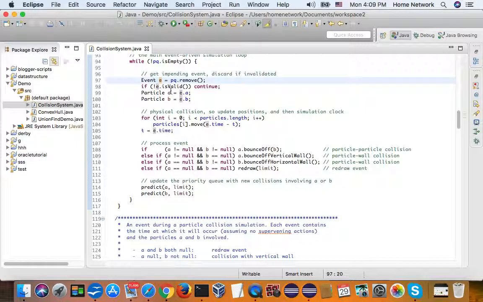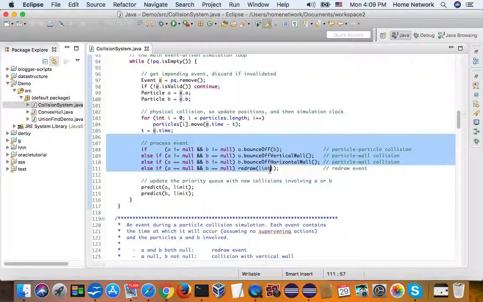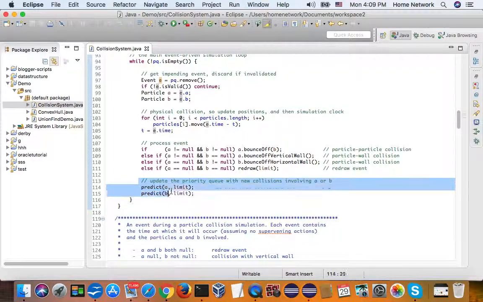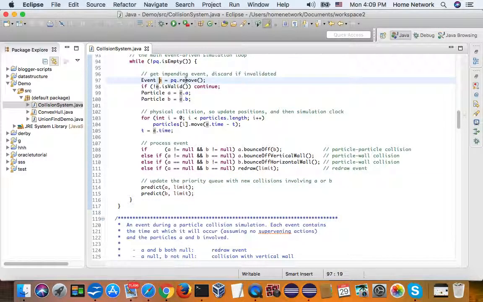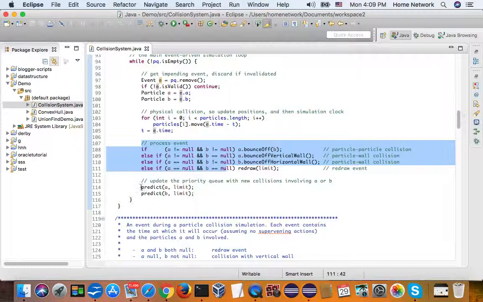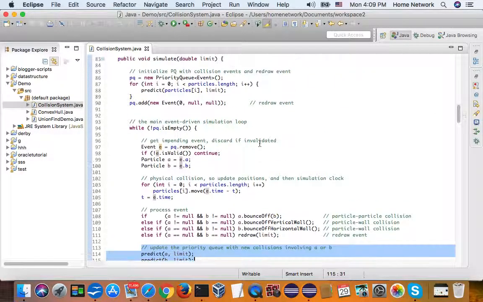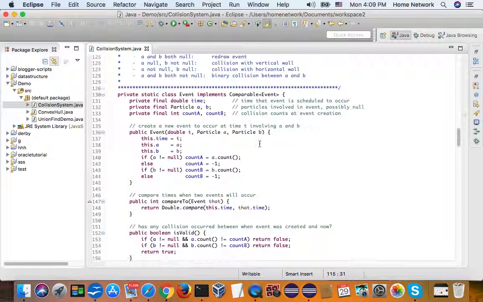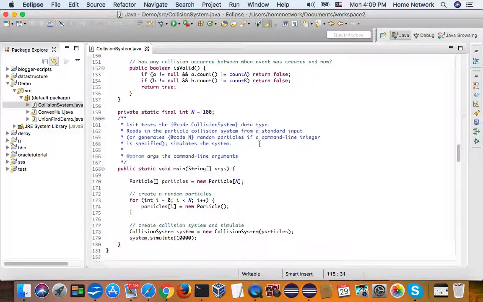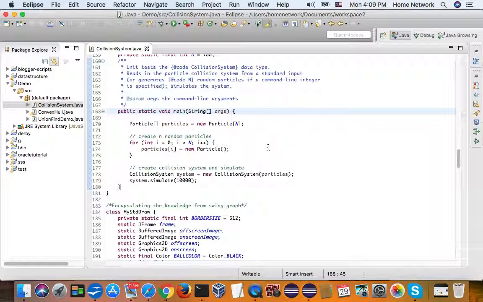We get the highest priority event, deal with it, then adjust the rest of the world according to the new state of A and B. And we cycle again: get the next event, deal with it, adjust, then next one, deal, adjust. And the world continues forever, like in this scenario. And here is the main loop.